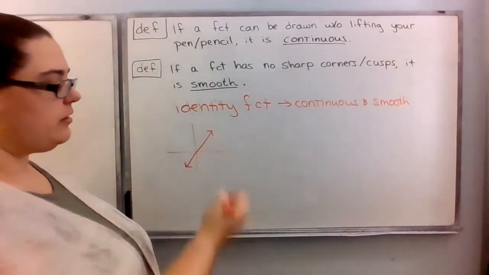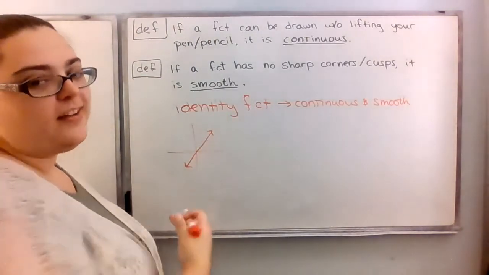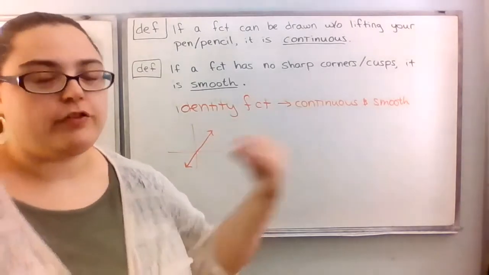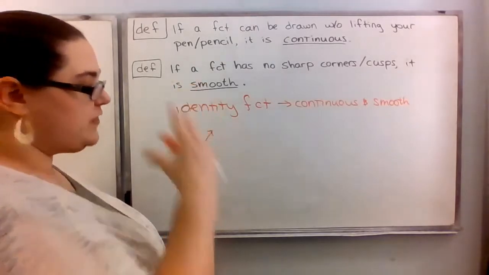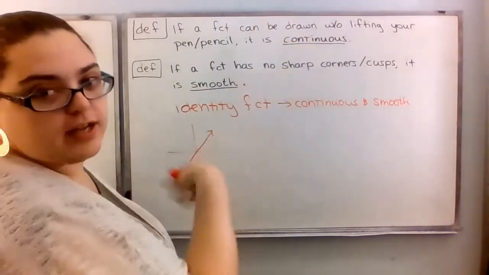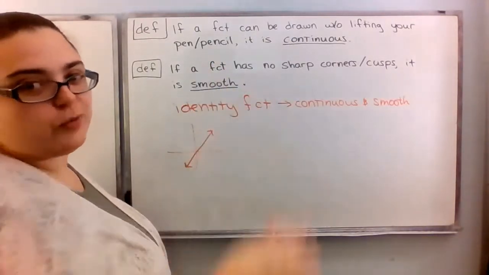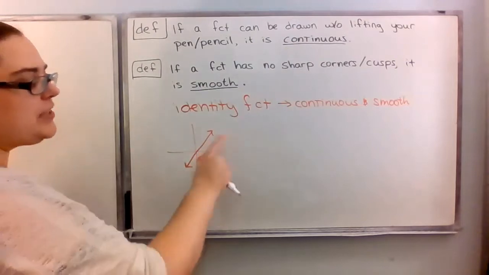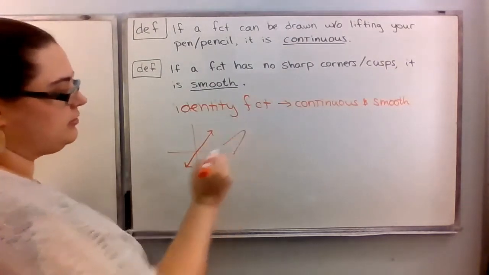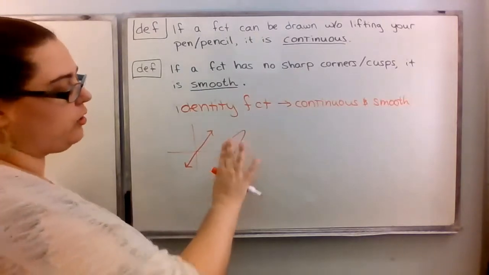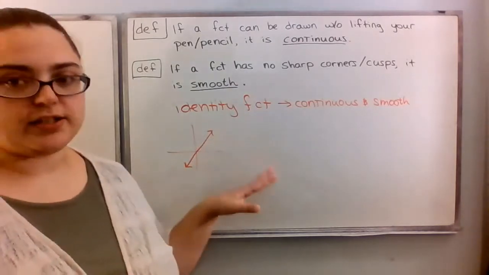It's continuous because in order to draw this, you never need to pick up your marker or pencil. Now, we're also talking theoretically here if you have infinite drawing capabilities, right? Obviously, I can't physically draw this forever because I would perish in that attempt, but we can indicate that it goes on forever without a break. It's smooth because it never takes a sharp corner or turn anywhere. So the identity function is continuous and smooth.